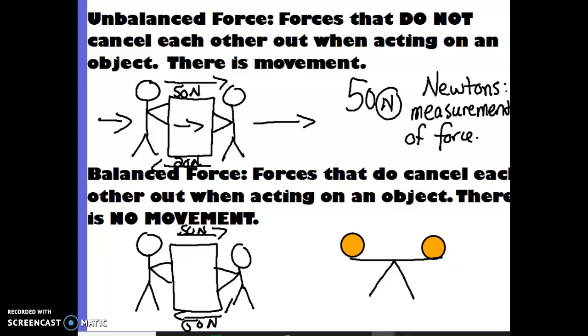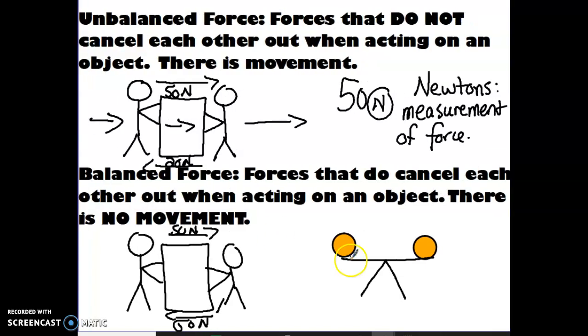And we can just call that 5 newtons, and we'll call this one 5 newtons. And it's balanced. If you have unbalanced forces, and I don't have any more room to draw that because I wrote the definition of newtons in there, you are going to have movement. Does that make sense with balanced and unbalanced forces?